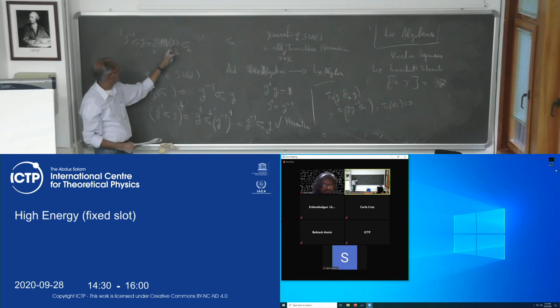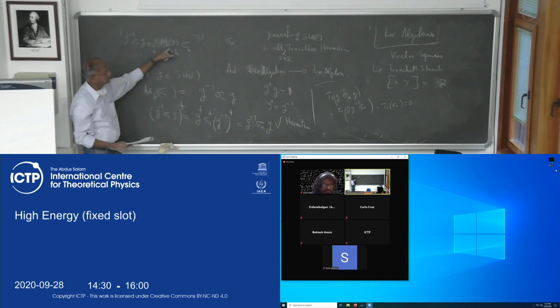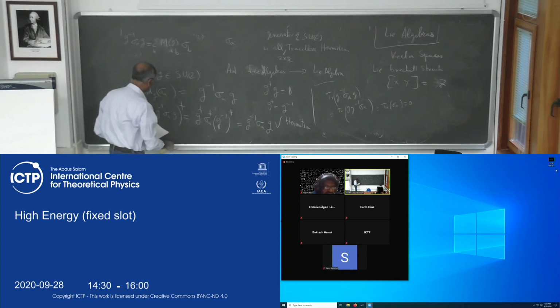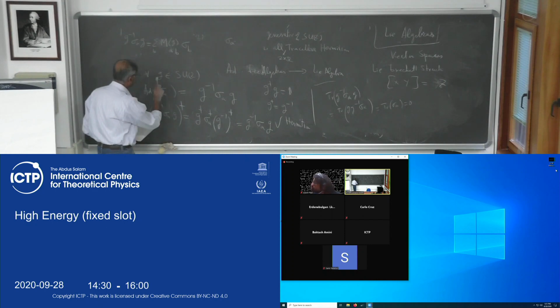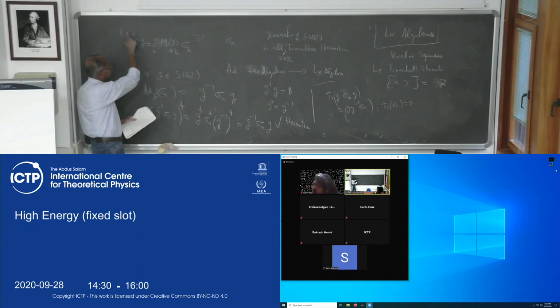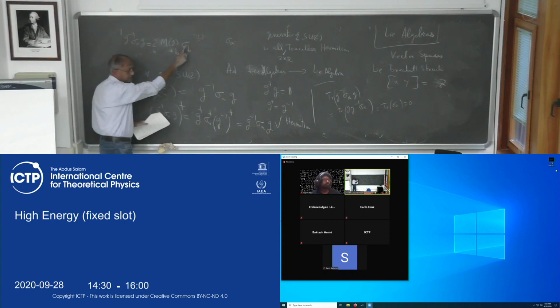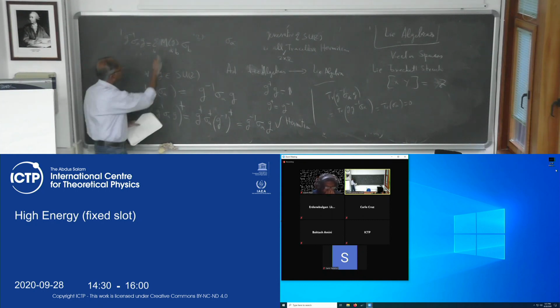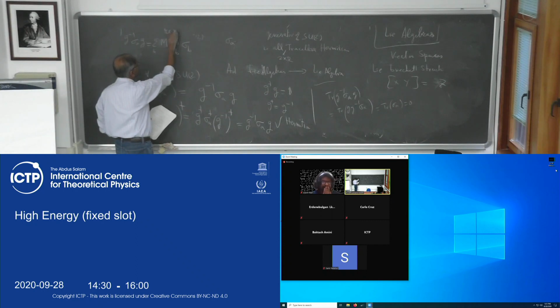And as I change G, these coefficients are going to change. So that's fine. Furthermore, because this is Hermitian, and the sigmas are Hermitian, these coefficients must be real. So all of these coefficients are real.